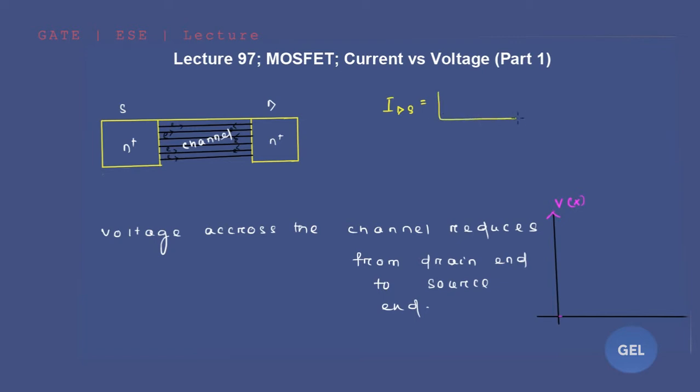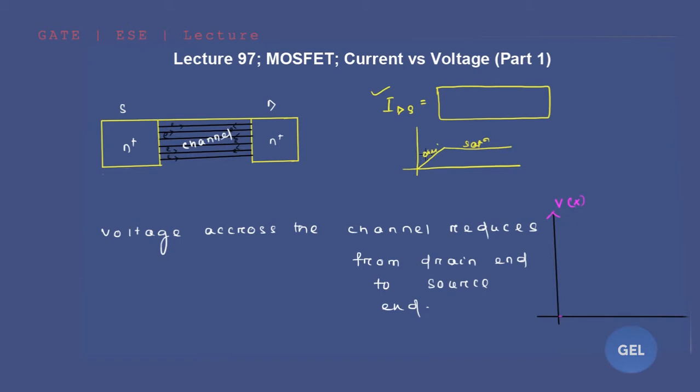After finding the formula, we'll observe it and analyze it in the next two videos: how the behavior of this current will change in ohmic region and in saturation region. So in this lecture video we're going to find out this formula.